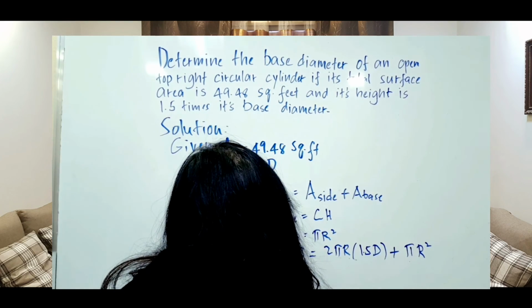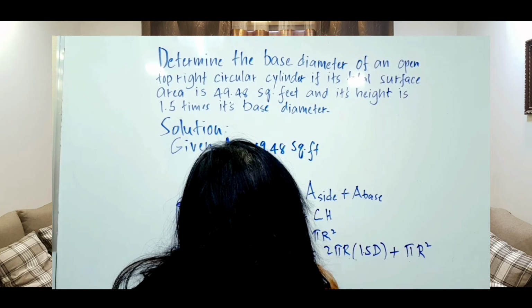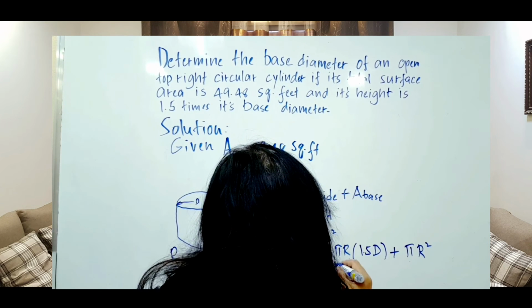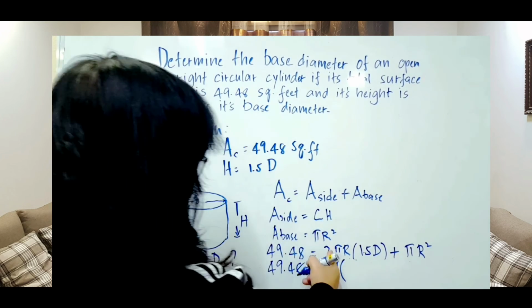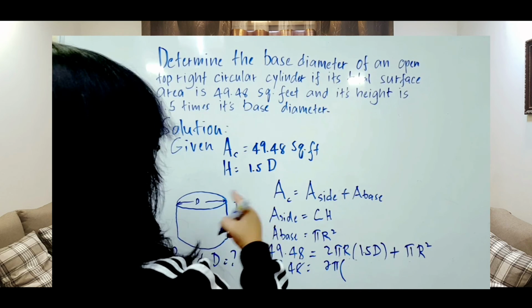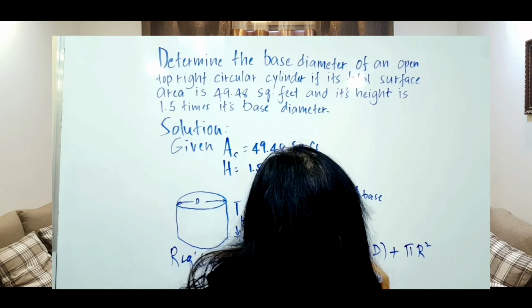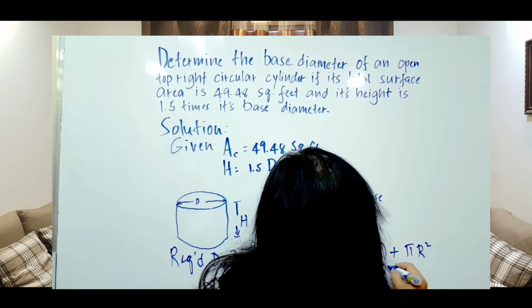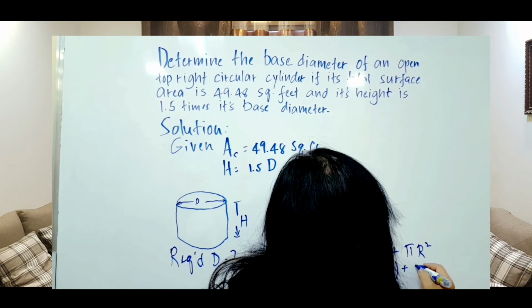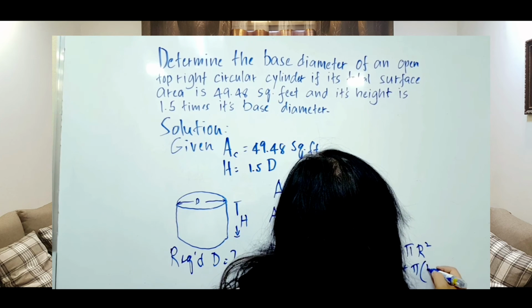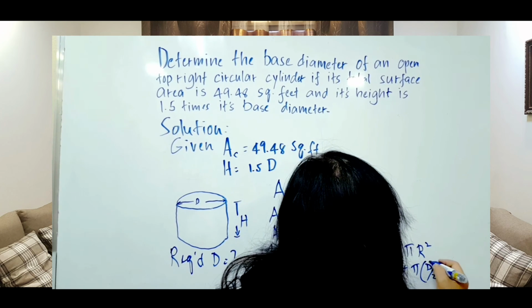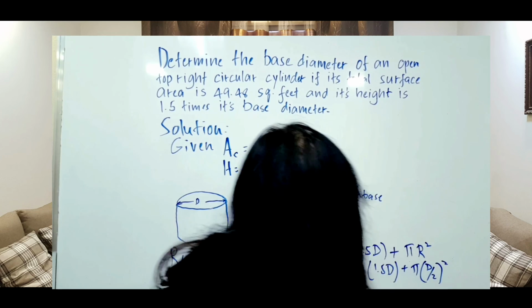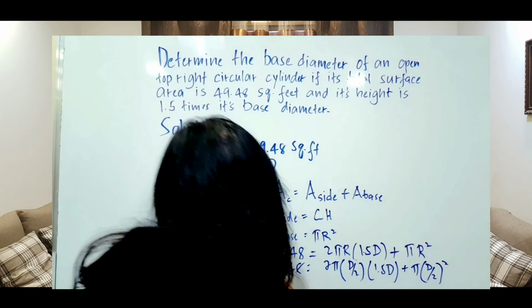Therefore, 49.48 is equal to 2 pi times r, which is diameter over 2, times 1.5d, plus pi times the radius, which is diameter over 2, squared.